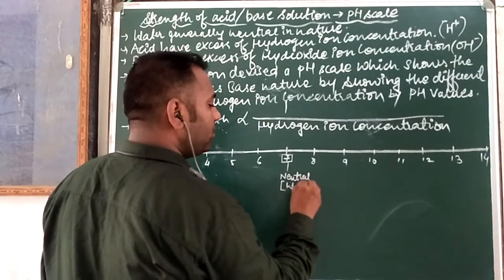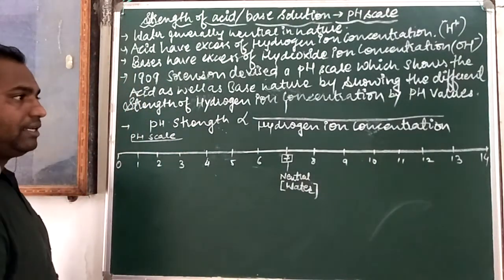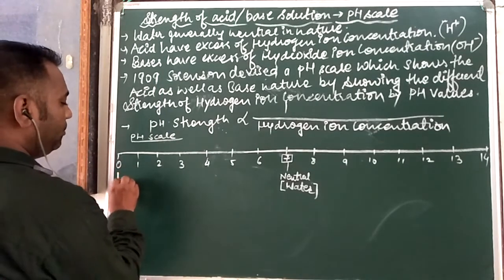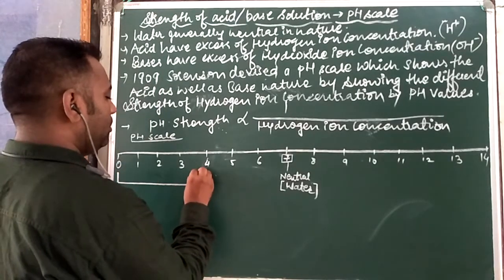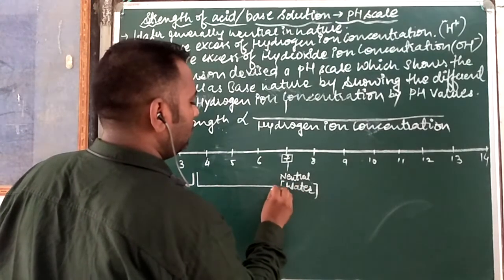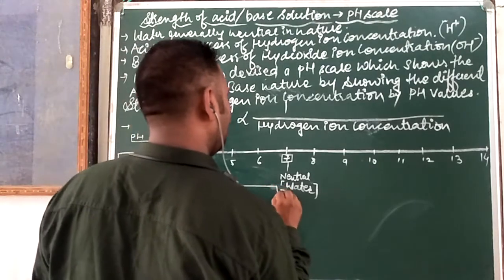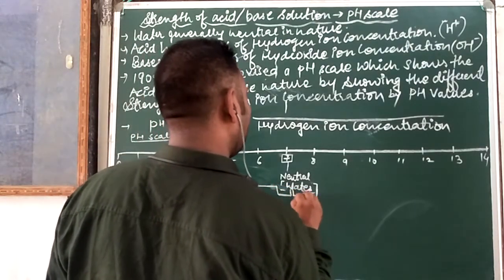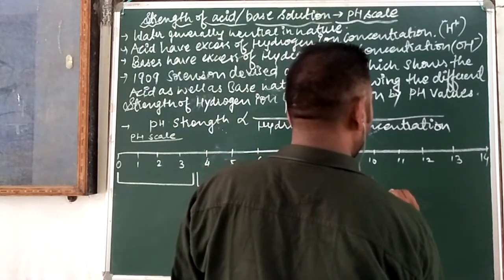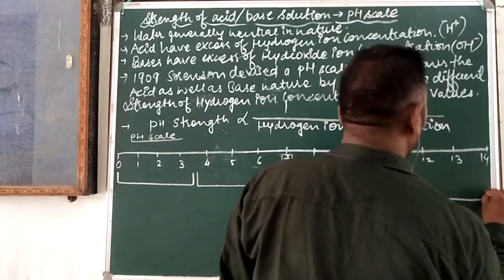Now we categorize it into four different categories: from 0 to 3.5, 3.5 to 7, from 7 to 10.5, and from 10.5 to 14.